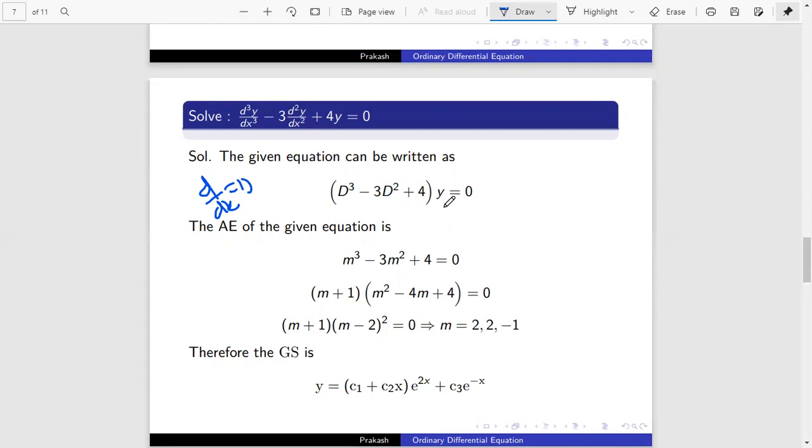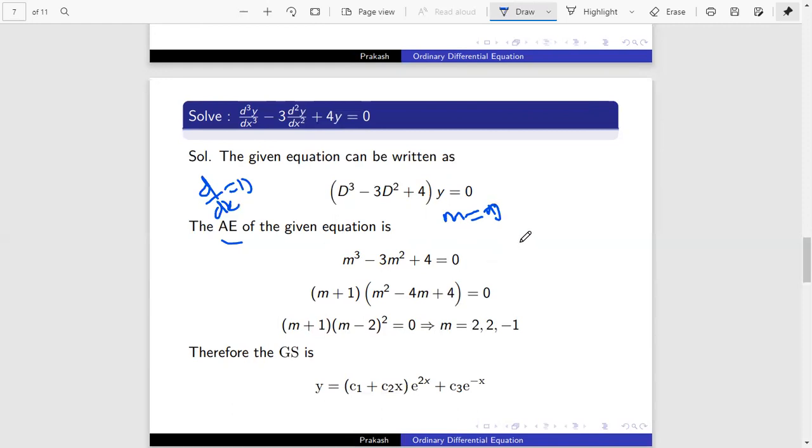I am rewriting the given differential equation in this way. To solve this, first I want to write the auxiliary equation, which is just replacing D equal to m. So it will be m cube minus 3m square plus 4 equal to 0.